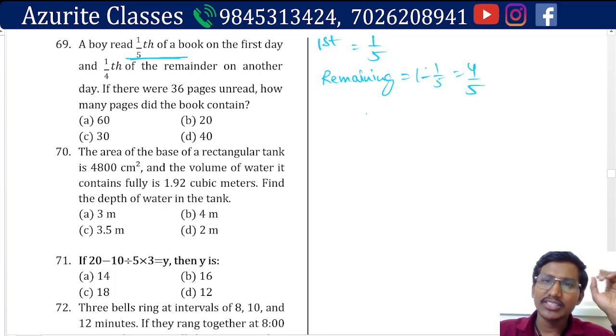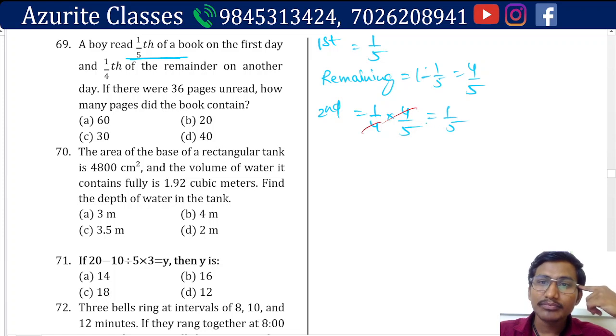Okay, next, of this he read 1/4 on the second day. So second day he read how much? 1/4 of 4 by 5. Here we have to take 'of' as multiply. So 4 and 4 cancel, 1 by 5 will be the answer here. So 1 by 5 on the second day.